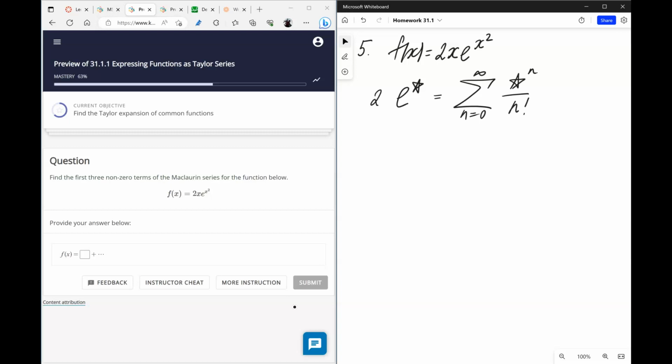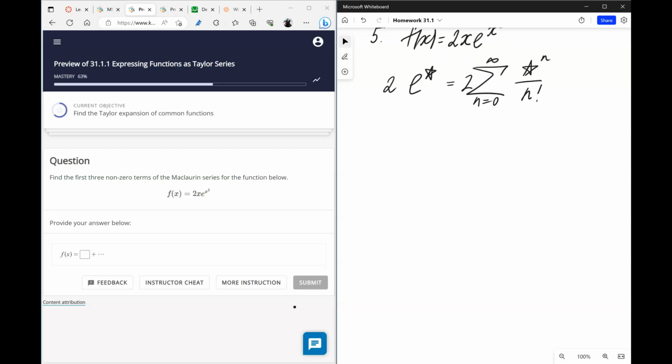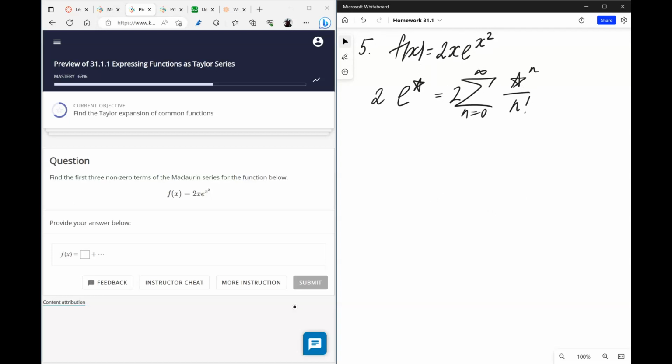Now when you multiply it by 2, this becomes 2. And when you multiply it by x over here, you can surely multiply by x over here. Right, that's not a problem. So let's see what we get by doing this.